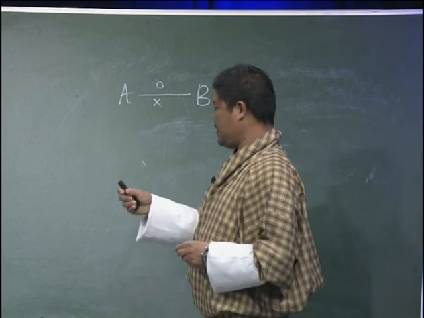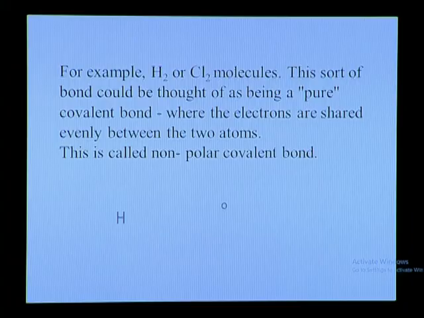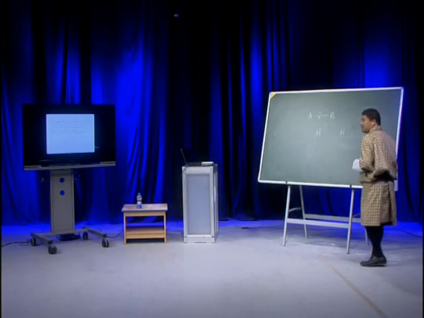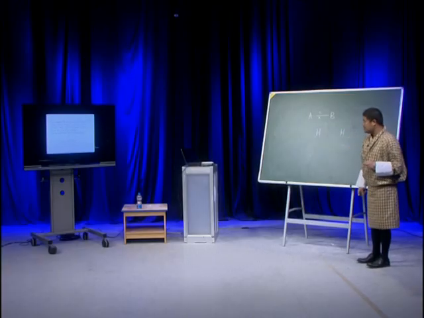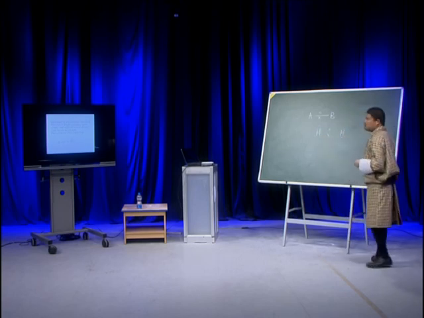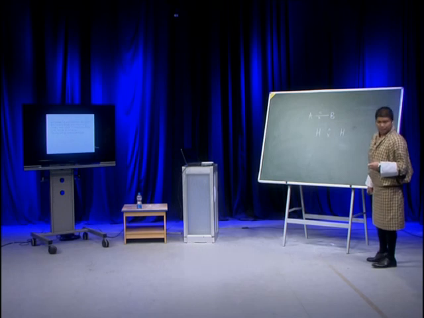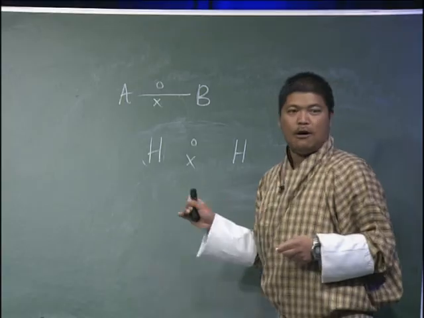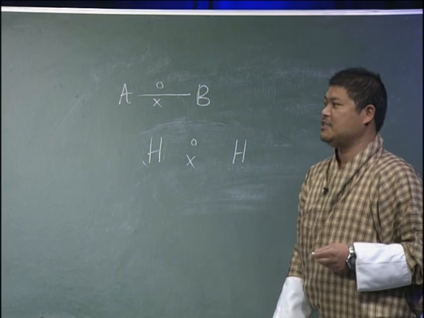We have taken here atom A and atom B. So example, let us take the example of hydrogen. The bond formed between the two atoms of hydrogen. So this is one H hydrogen atom and this is the other H hydrogen atom. So if they form a covalent bond, the shared pair of electron will be exactly in between the two hydrogen atoms because they are of equal electronegativity.